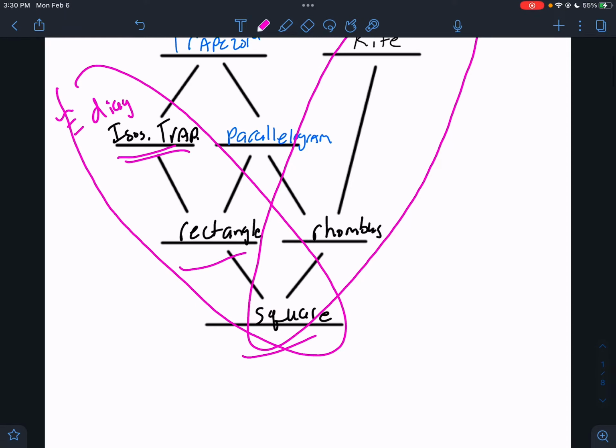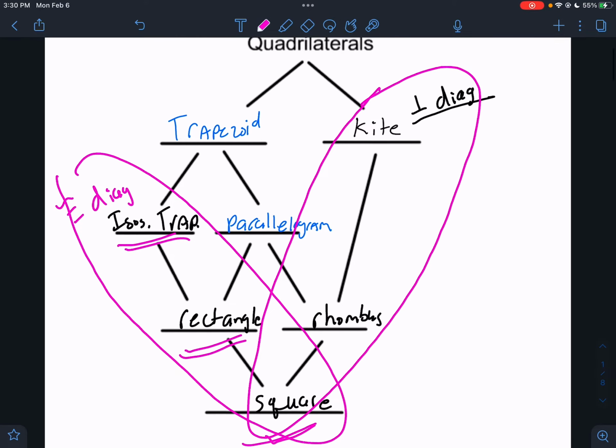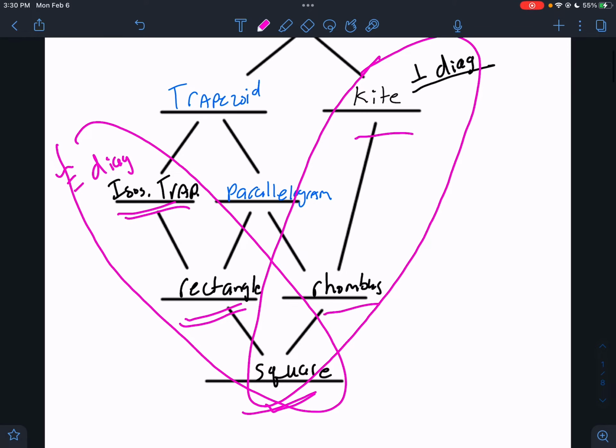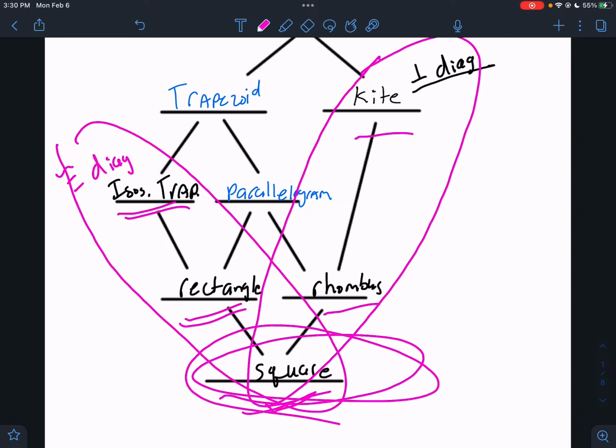So it has to be one of these three, but because the diagonals are perpendicular, it has to be one of these three. So what's the only shape that is in both circles? That's the square down here. So if I said, hey, I got a shape where the diagonals are perpendicular and congruent, you now know that you're talking about a square.